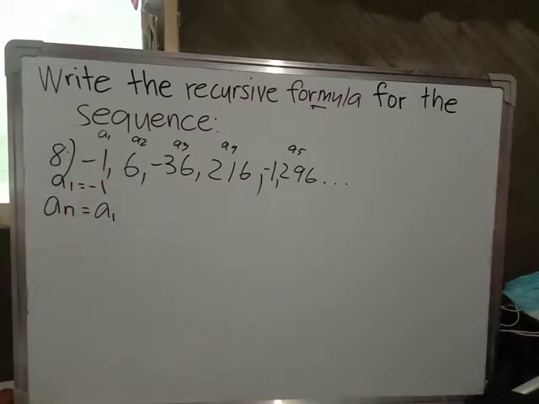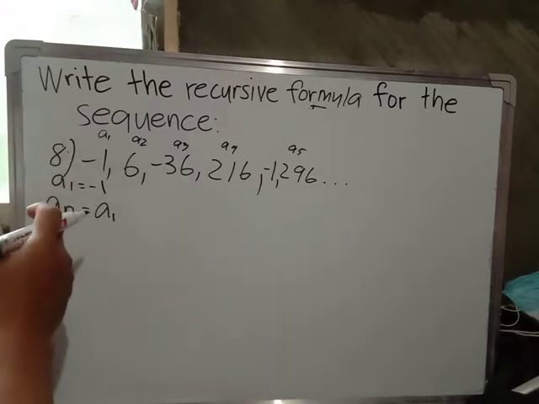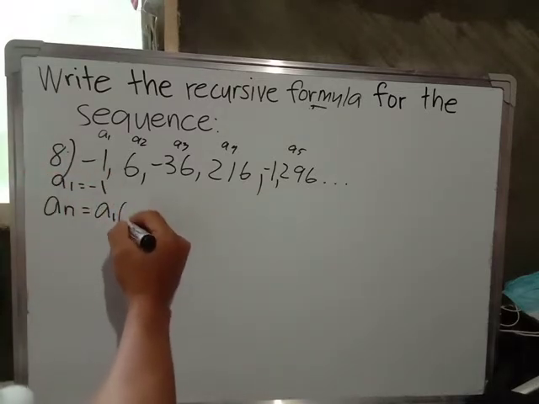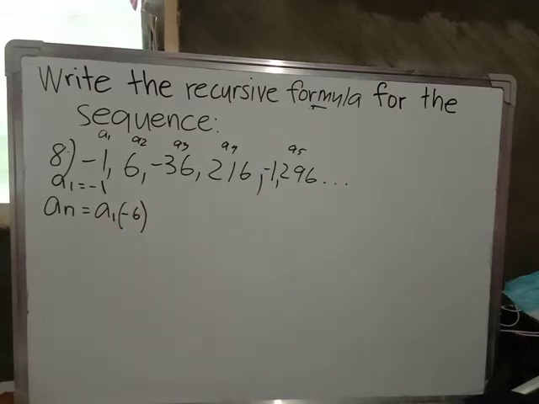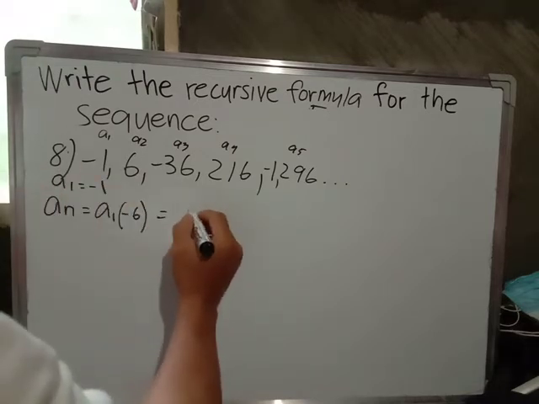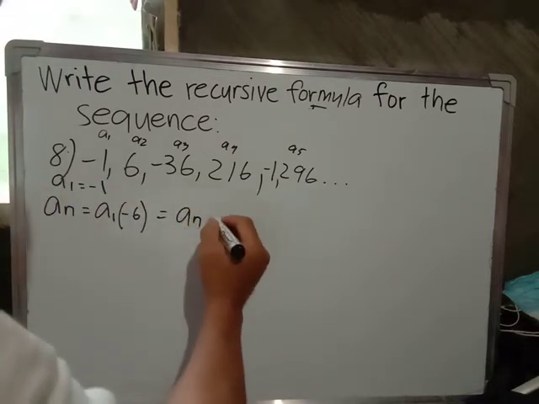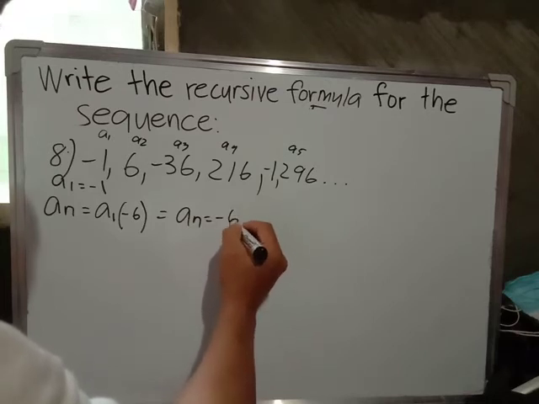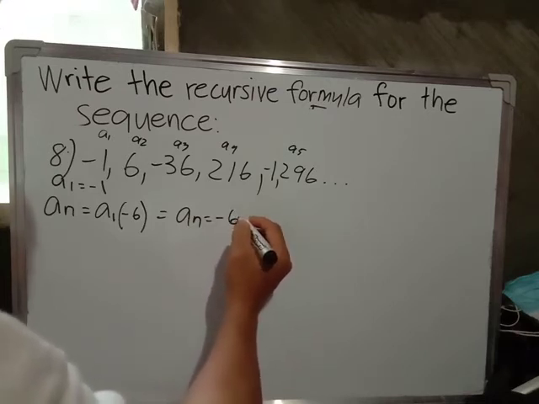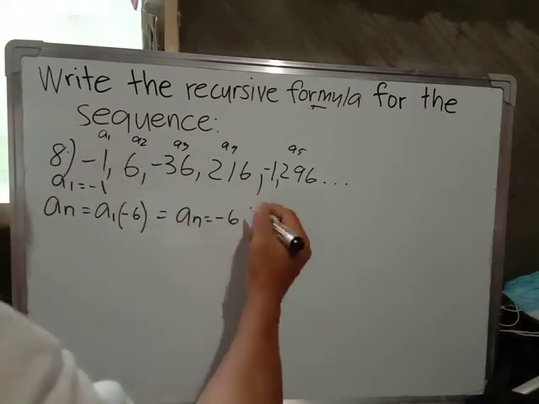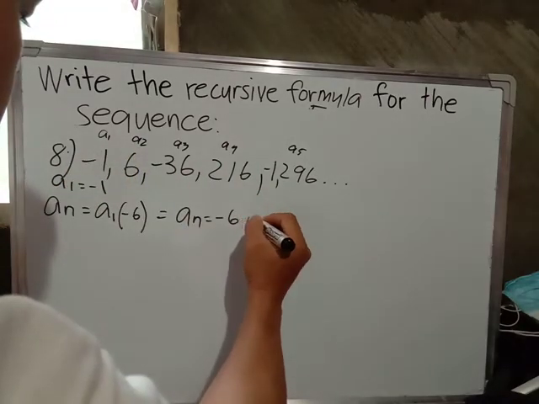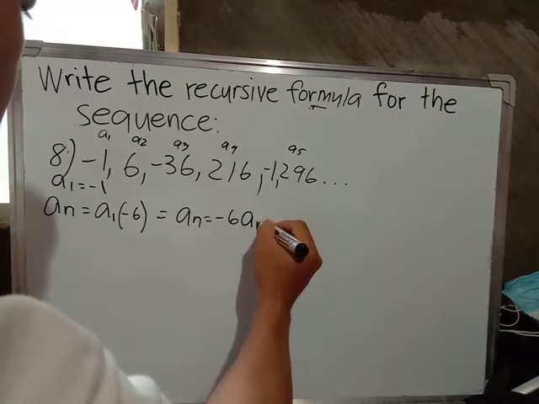It should be also negative para maging positive. So, negative 1 times negative 6. Then i-rewrite natin: negative 6 times E_(n-1).